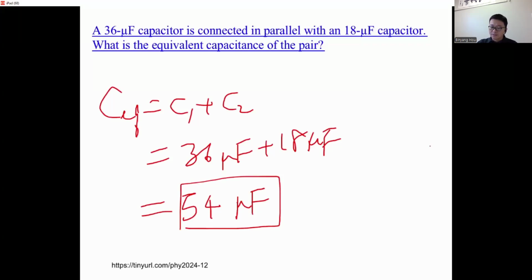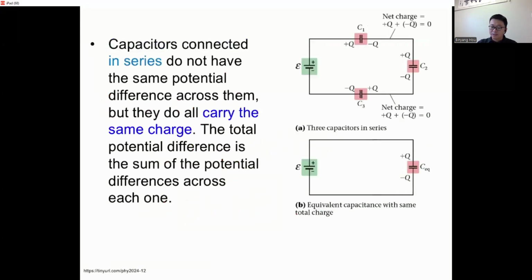All right, now let's take a look at if the capacitors are in series, so that means they are connected one after another. So in series, they will share current, or charge in the case that there's no current. So in this case, they are sharing the charge. So when you have those three in series, if you charge the combination, then this guy will get plus Q. So plus Q flows out of the positive terminal, negative Q flows out of the negative terminal.